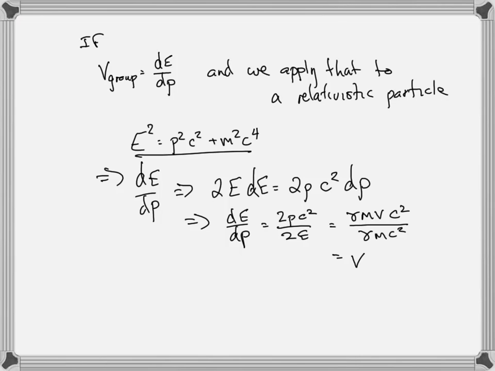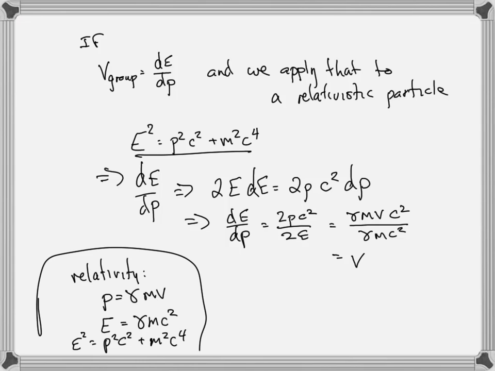What was v? v was the velocity of the particle. So using these relationships for a relativistic particle of mass m moving at speed v, if we apply the group velocity for a wave to that using the de Broglie wavelength, what you get is that dE dP, the group velocity, is just the velocity of the particle.